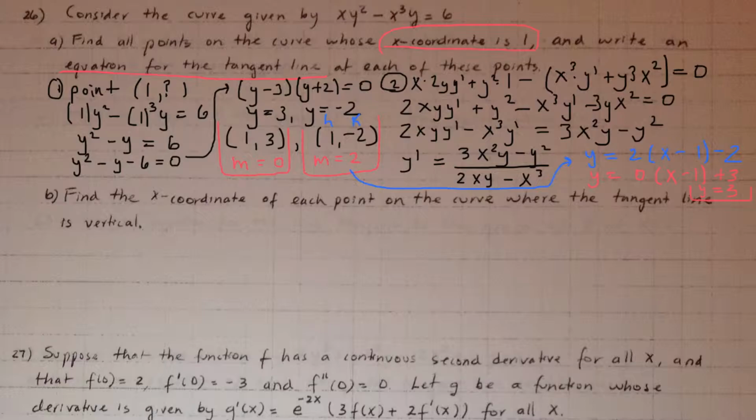We found the tangent lines at those 2 points where the x-coordinate was 1. Now, part B, they want us to find the x-coordinate of each point on the curve where the tangent line is vertical. And let's just remember what that means. If you have a vertical line, that means the slope is undefined.